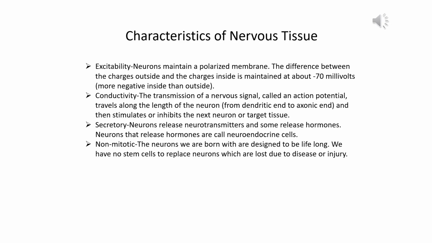Now, that does not mean that a nerve cell that is injured cannot heal. Remember, nerve cells are very long. It is the soma of the nerve cell that must be destroyed in order for it to be lost. If an axon is cut off, an axon can grow back. So that doesn't involve mitosis. That's just like a salamander having its leg cut off and it grows a new leg.